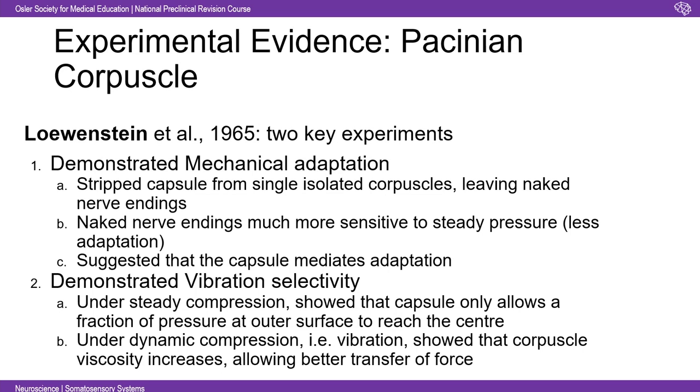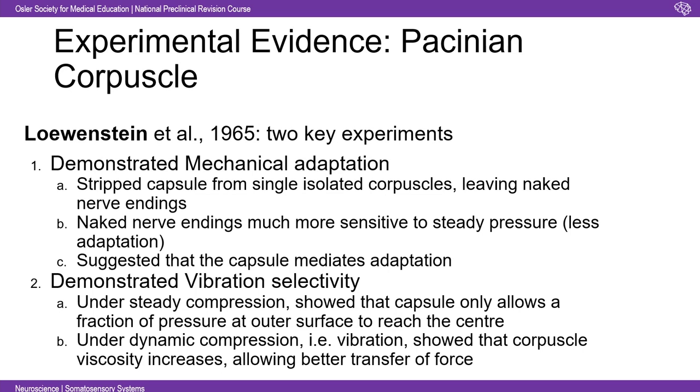As we said, a mechanoreceptor has to transfer a physical force to actually deform the nerve. And how it does that can control the properties with which it responds. So the Pacinian corpuscle, when it's being steadily compressed, acts quite well to absorb that pressure. So it doesn't really deform the nerve much.